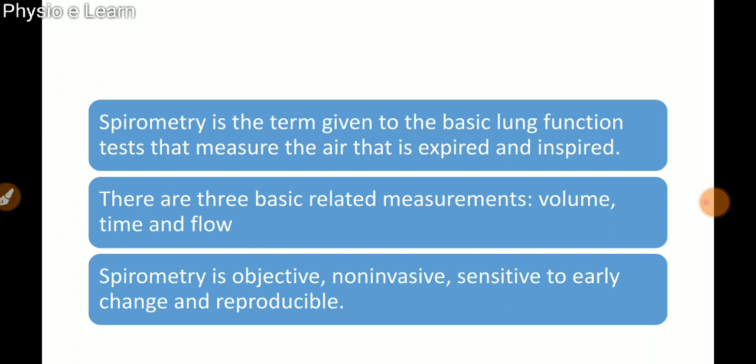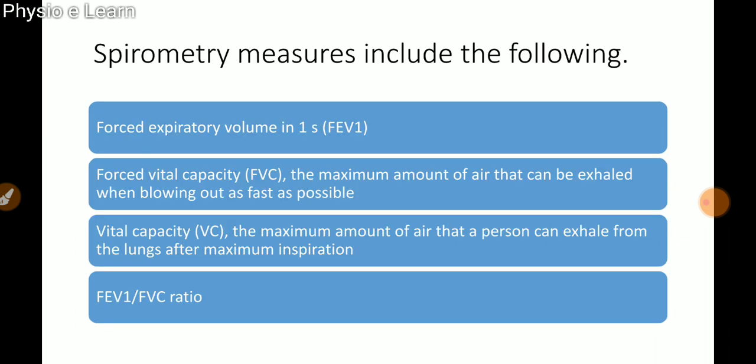Reproducible means if you perform a test today and perform the test again tomorrow on the same patient, the results are going to be the same. So it is reproducible, sensitive to early change as it detects the mildest disease in the airways or the lungs, non-invasive, and an objective test. So this was in short about spirometry.